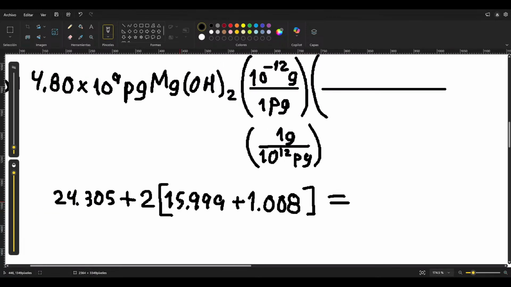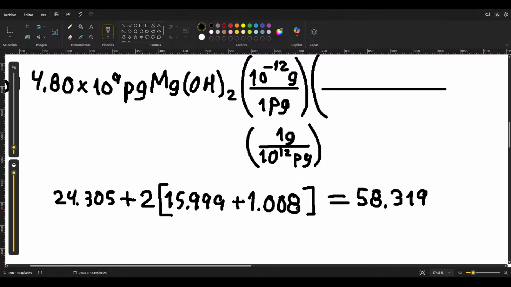You following me? Yeah. Oh, okay. I see. Because of the 2 outside the OH, we have the value of magnesium, but after we have that added with 2, and inside that's where the OH is added.